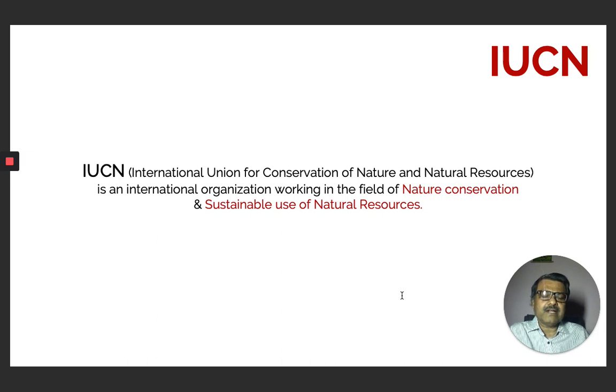This international organization is working in the field of nature conservation and the sustainable use of natural resources. So whatever natural resources we have, we should use them sustainably, so that they fulfill our demand in the present and will remain for the future generation. Sustainable use of natural resources and conservation of nature are the two important functions of IUCN.